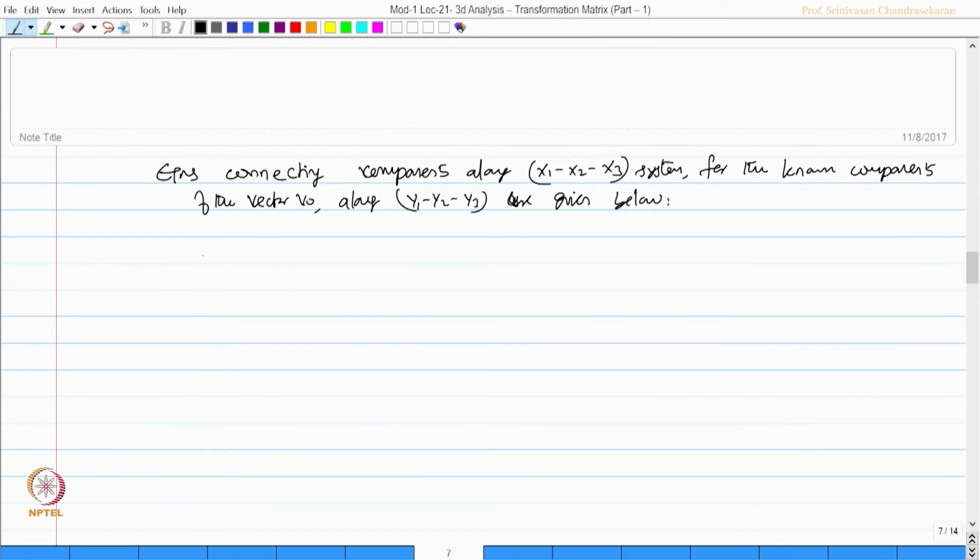So, I should say V 1 bar, V 2 bar, V 3 bar, or simply V 1 cos gamma 1 1 plus V 2 cos gamma 2 1 plus V 3 cos gamma 3 1, because these angles are defined with respect to x 1 axis where V 1 is the component.